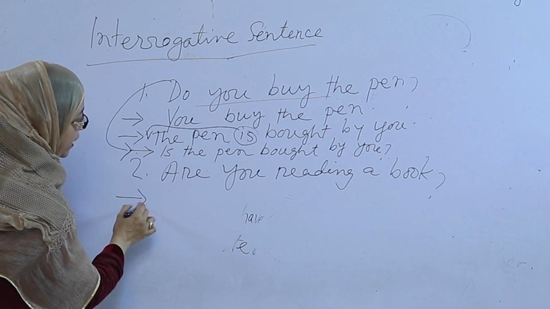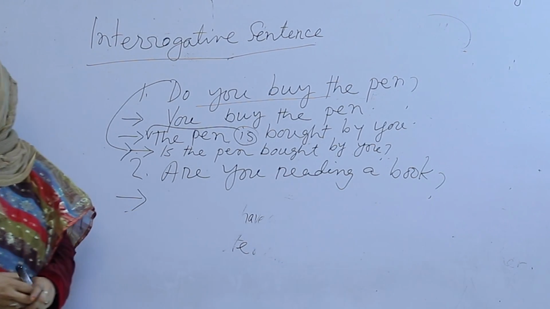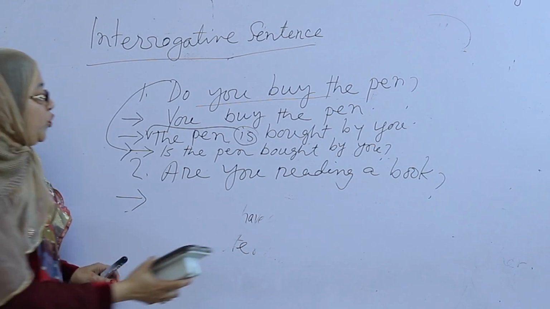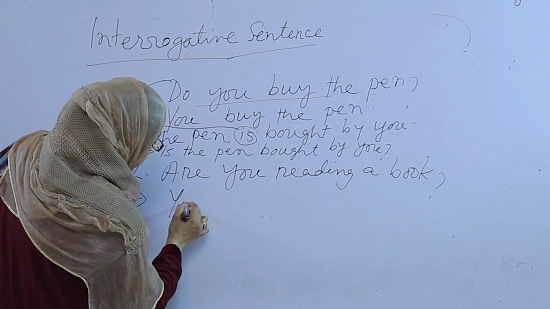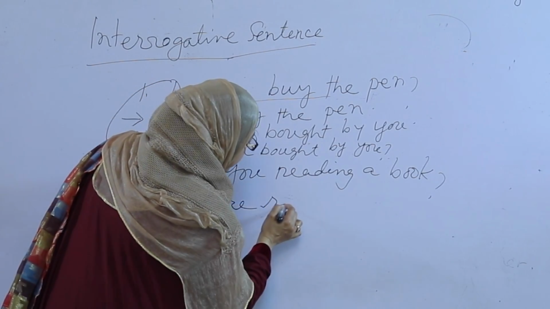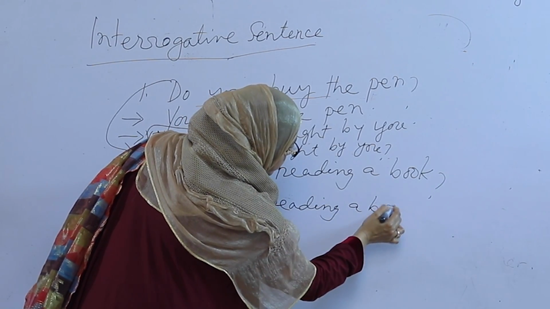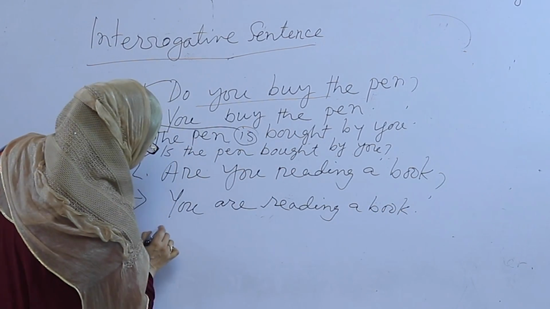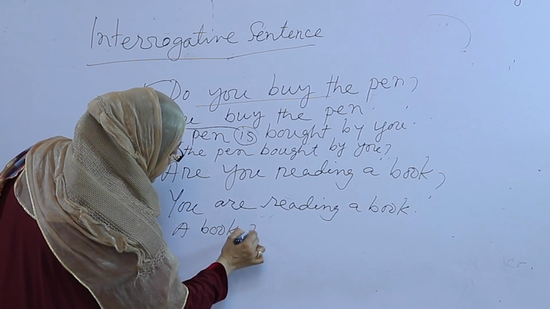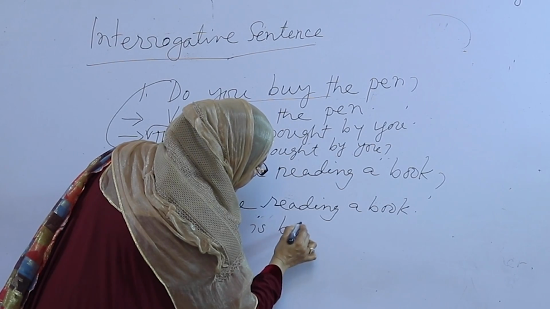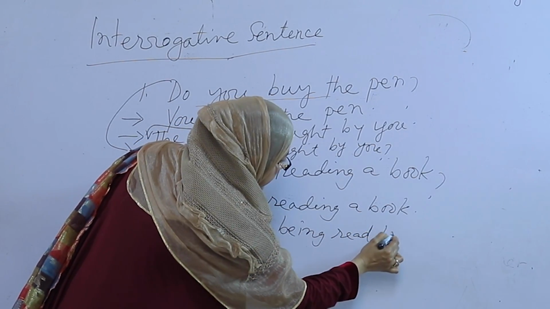And the second one: Are you reading a book? If I turn it into an assertive sentence: You are reading a book. And I turn it into passive: A book is being read by you.